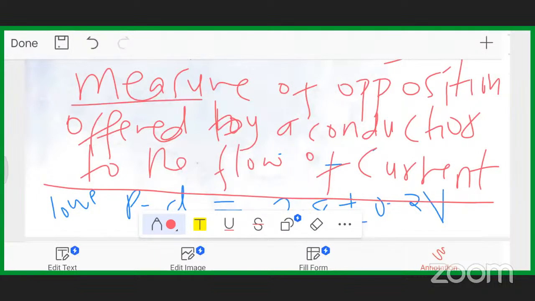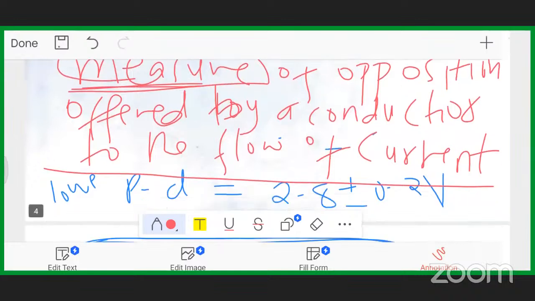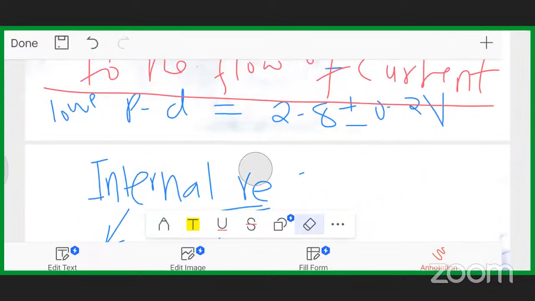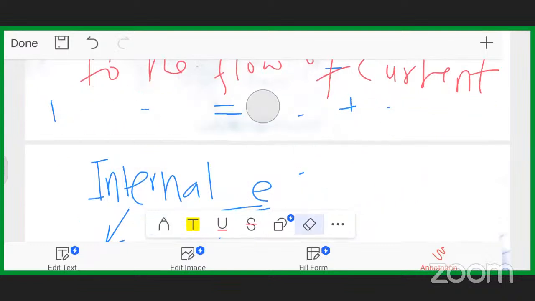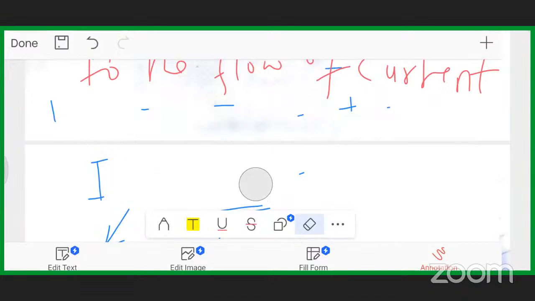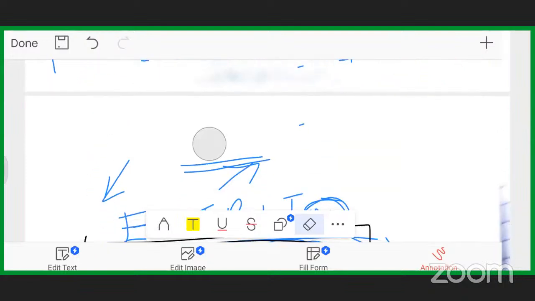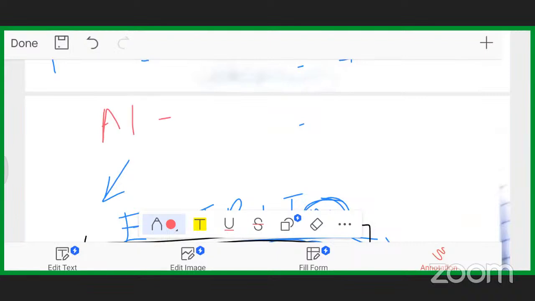So that measure of that value is more of resistivity, while for conductivity, you just say it's the reciprocal of resistivity. For example, the resistivity of aluminium, Al, is about 2.8 times 10 raised to power negative 8 ohm meter.